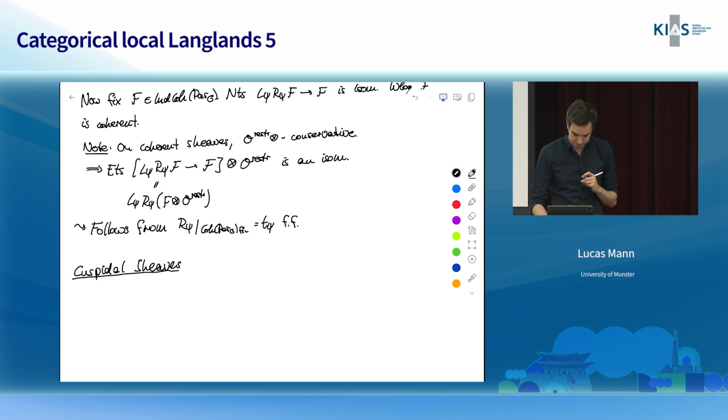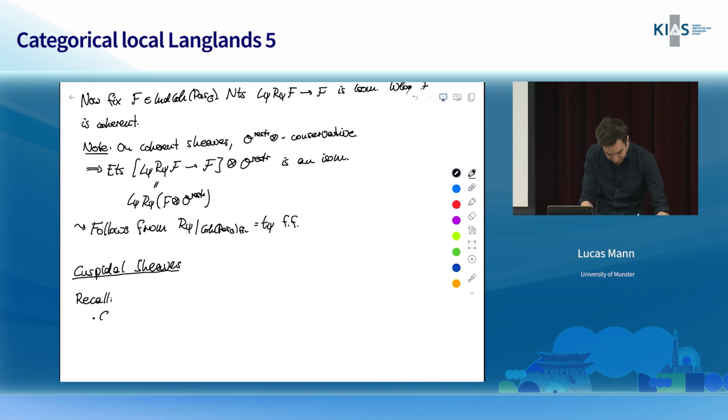I'll recall two things that I need. We had these Eisenstein functors on both sides, spectral and geometric. And I will recall one property that I will need in a second, which I think was also in Teruhisa's talk.